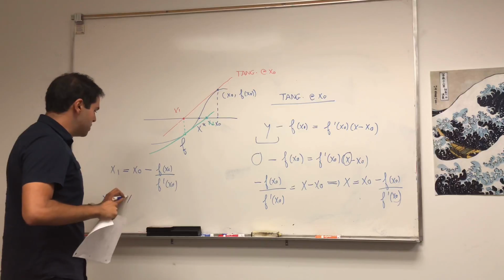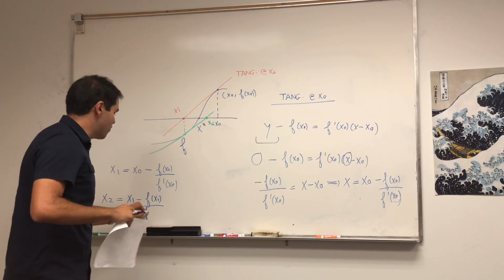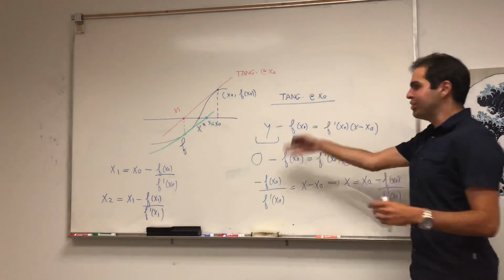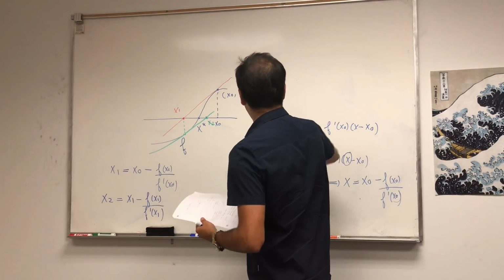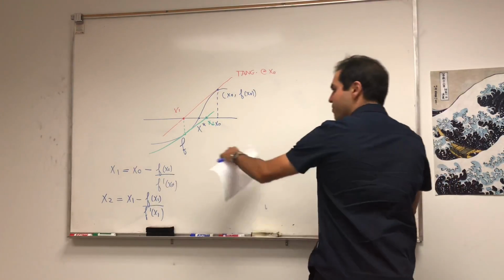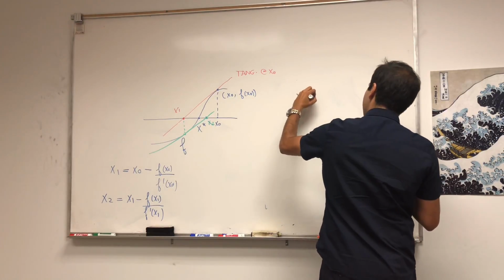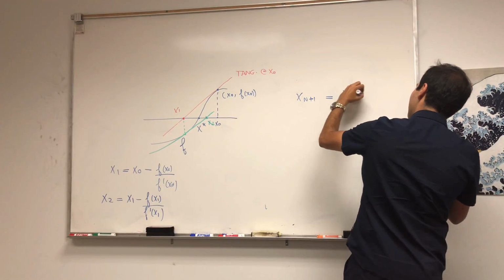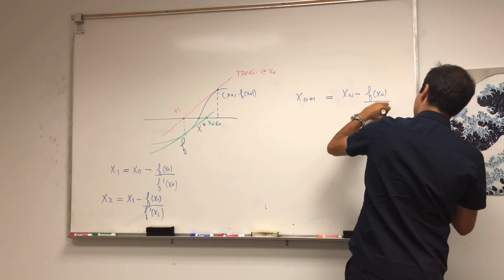So x2 would be x1 minus f of x1 over f prime of x1. You can repeat this algorithm more and more, and in fact the next term is always given by this formula of the previous term. So in general, xn plus 1 equals xn minus f of xn over f prime of xn.